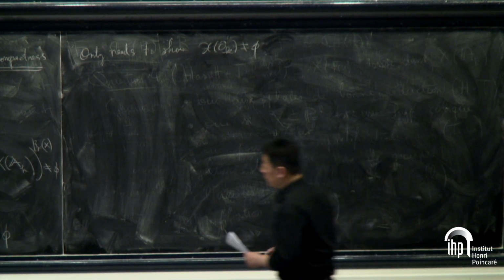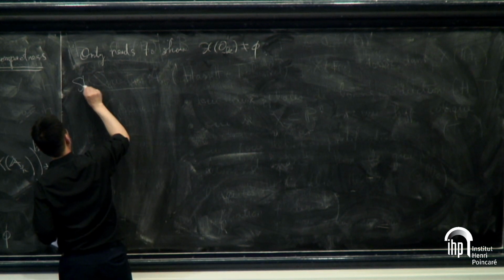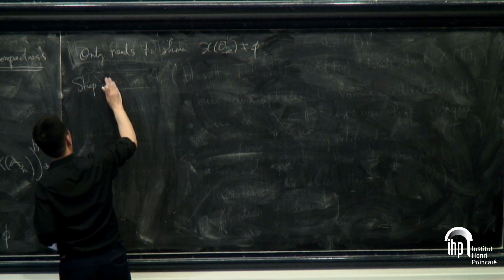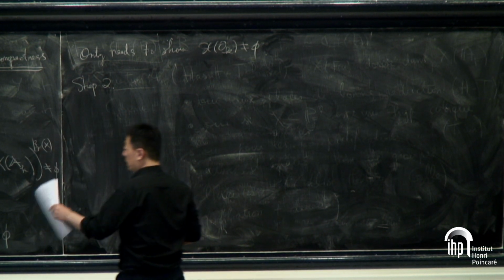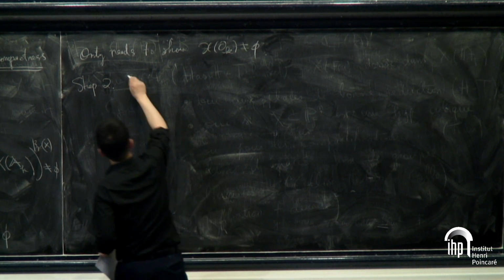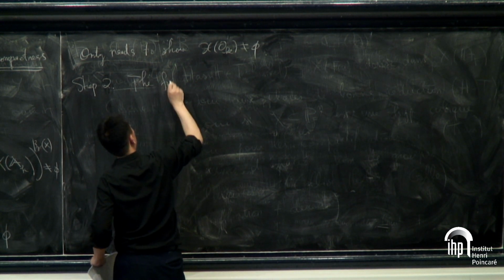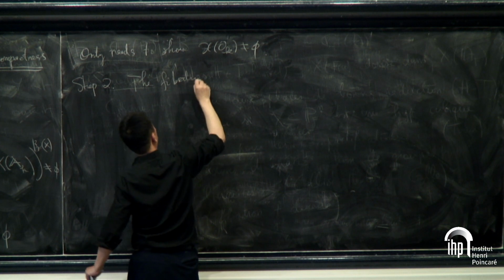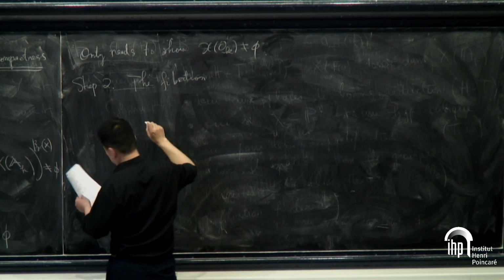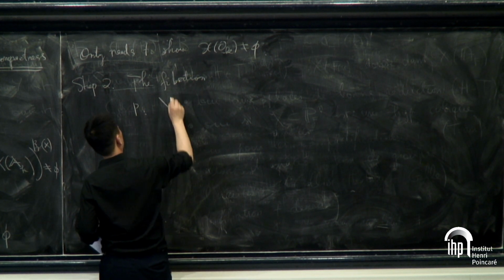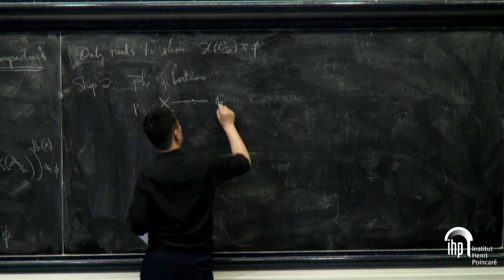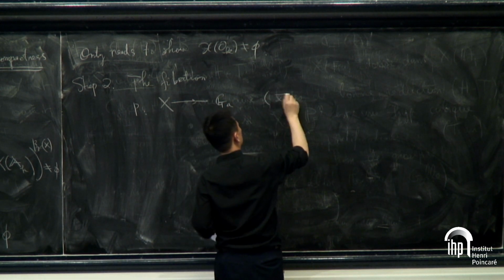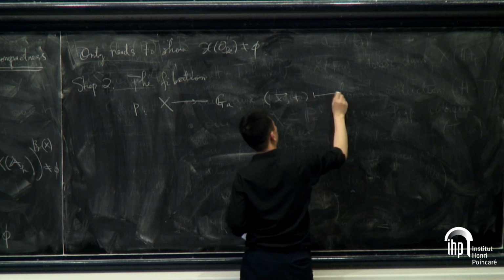Then, once I have this integral model, I wish to extend the fibration I mentioned before, X going to G_a, which maps x_t to t.